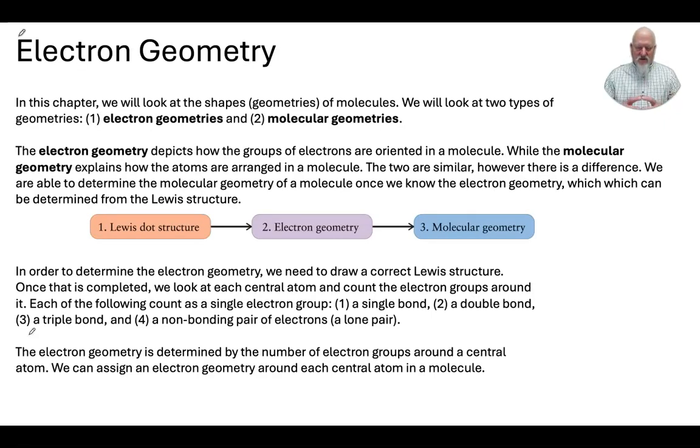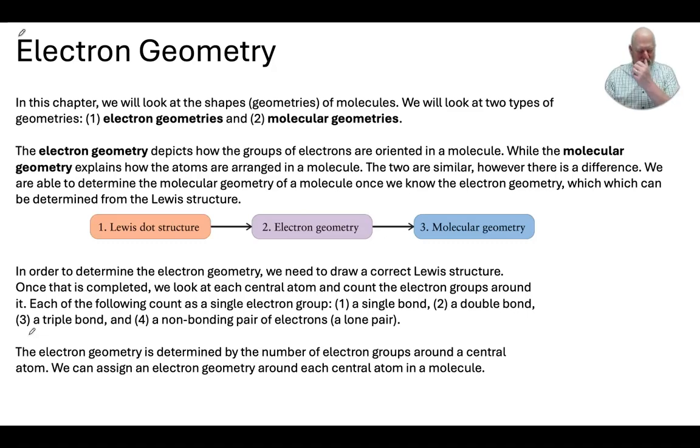So we're going to have these two geometries: electron geometries and molecular geometries. Basically, from the Lewis dot structure, we'll predict the electron geometry, and then from that we'll predict the molecular geometry. Electron geometry depicts how the groups of electrons are oriented in a molecule.